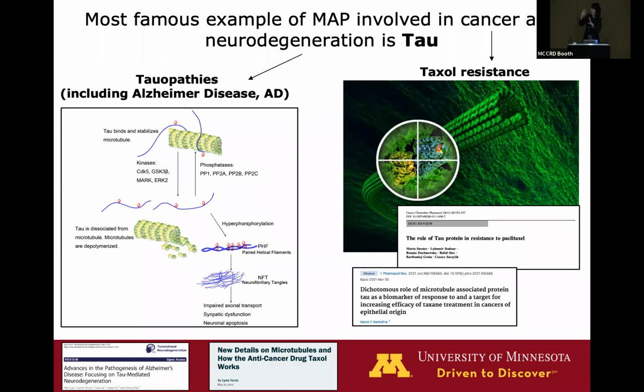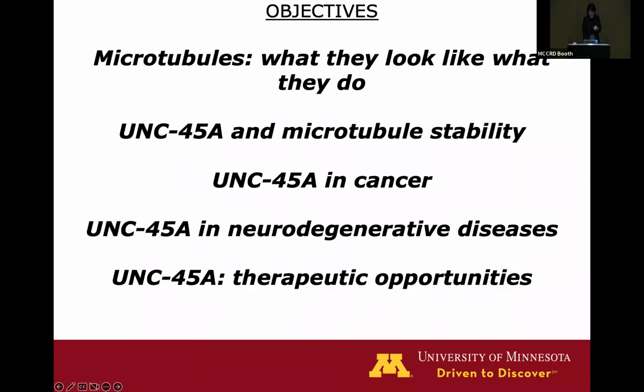Today we're not going to talk about tau, but it's an example of how this class of proteins, the microtubule associated proteins that regulate microtubule stability, are known to play a role in both cancer and neurodegenerative diseases.